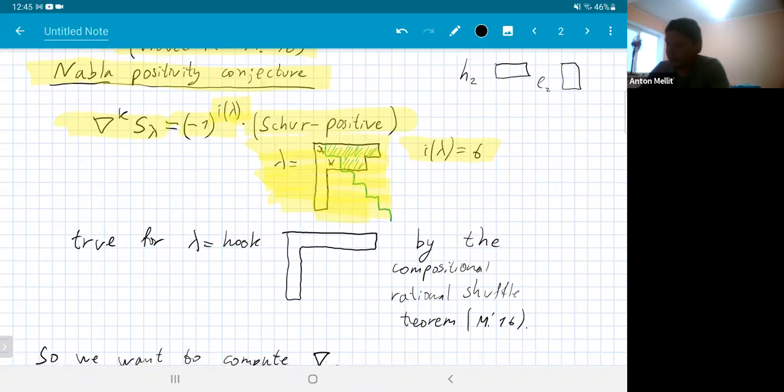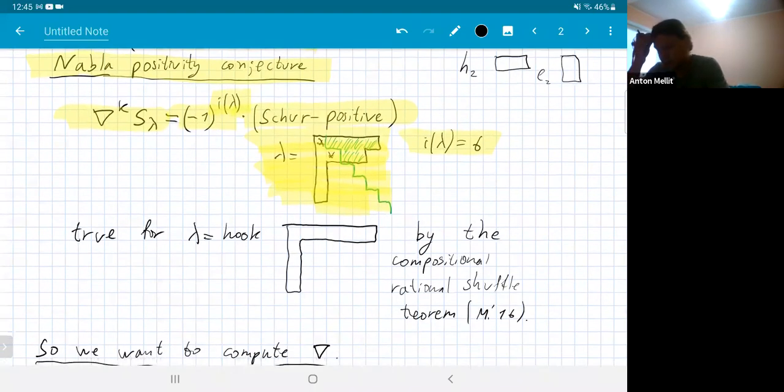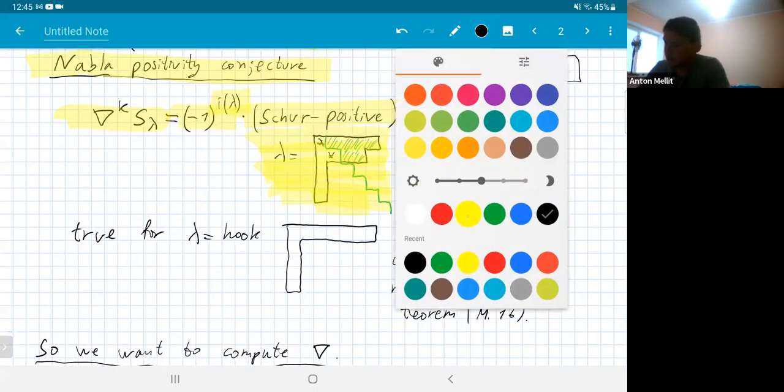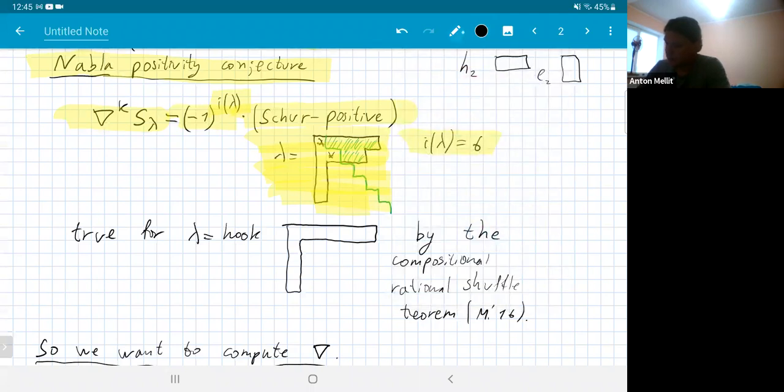And so this Nabla positivity conjecture is open. But in special cases, when lambda is a hook, in other words, this sort of shape, in fact it follows from the so-called compositional rational shuffle theorem, which was in fact proven.